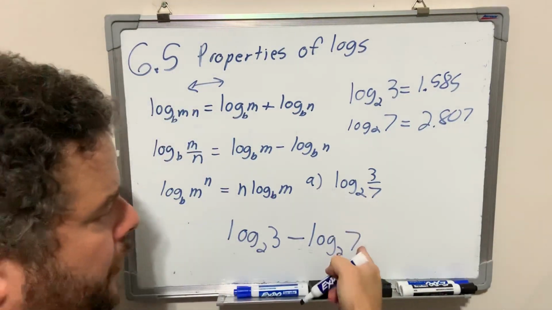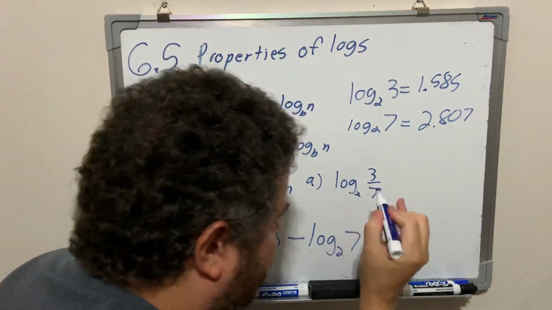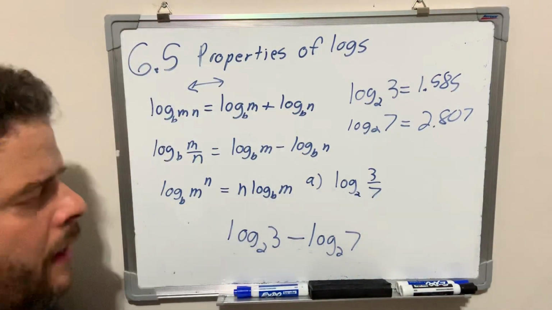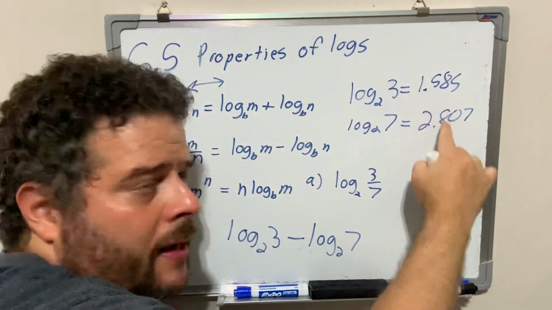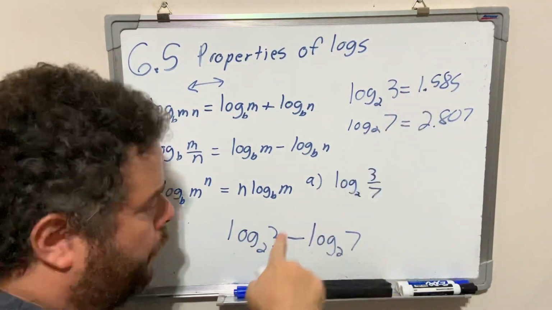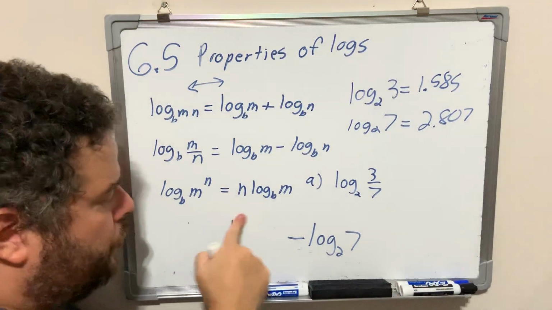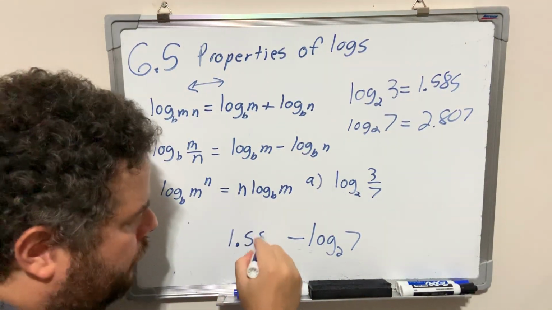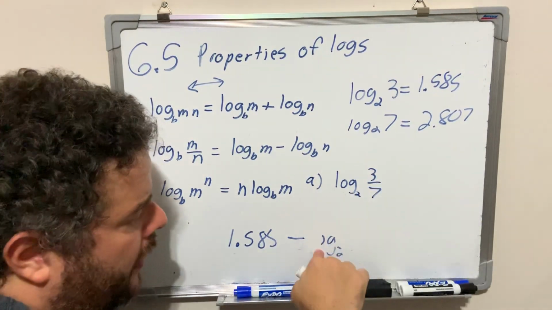And my denominator goes at the back. And just in case, that's a 7, not a 27. That's log base 2. And since they're giving me these values, I just plug those two values here. I know that log base 2 of 3 is 1.585, so I just substitute that value. And I know that this value is 2.807.